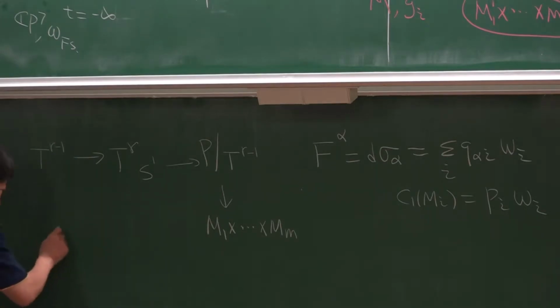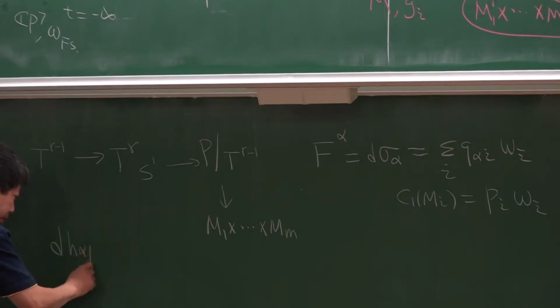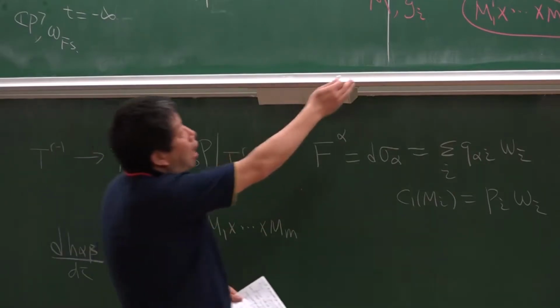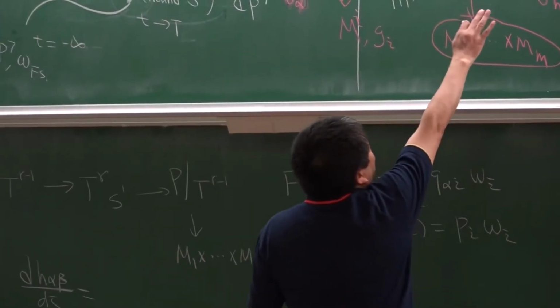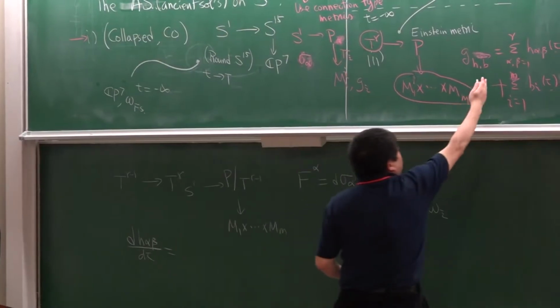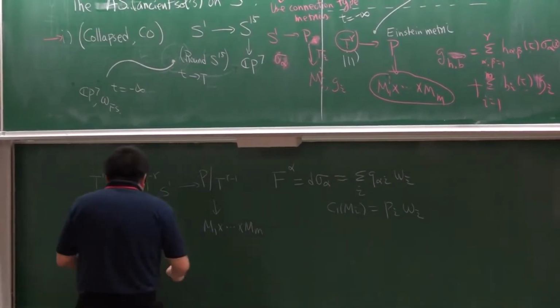Then what we get is an evolution equation. The Ricci flow equation. This type of connections is preserved by Ricci flow, this one preserved. So you get this following equation.